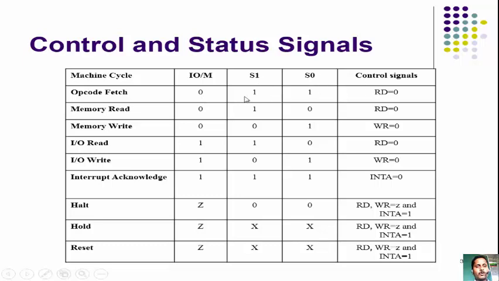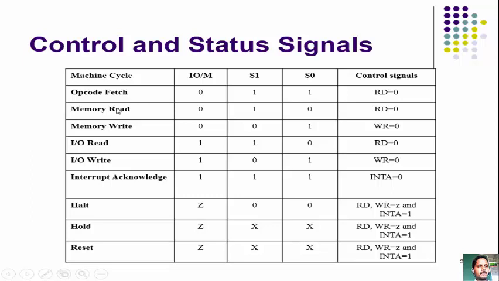S1 and S0 are both 1 1, which indicates an opcode related operation. So here we can say the processor is fetching the opcode from the memory, and the control signal at that time is RD bar equal to 0. RD bar is the active low signal, which indicates the processor is doing opcode reading or opcode fetching operation.